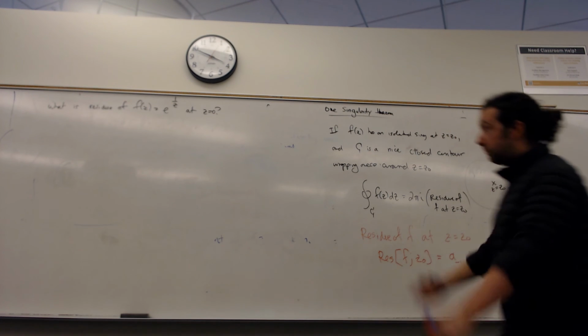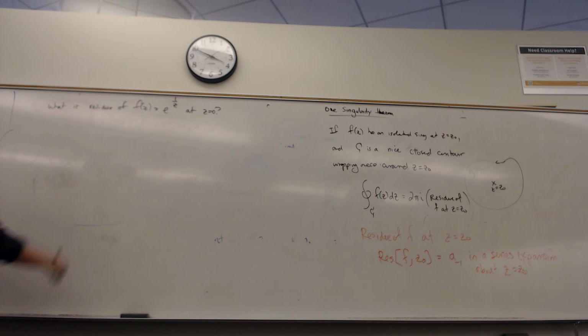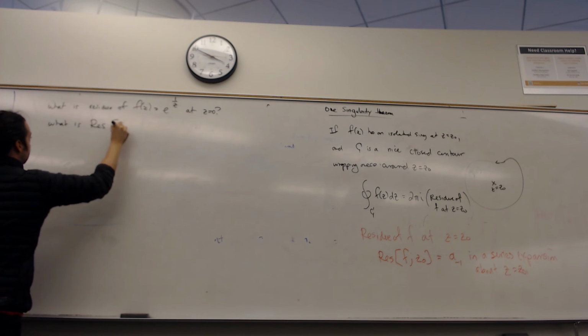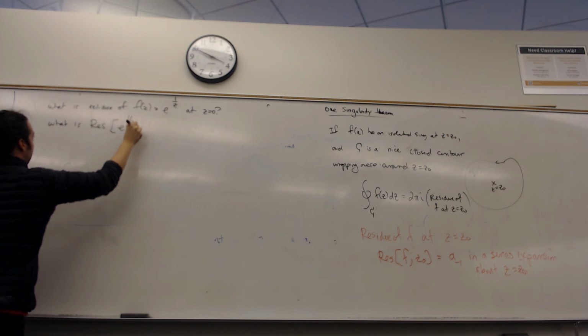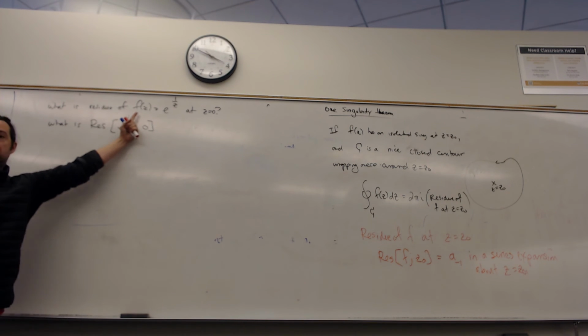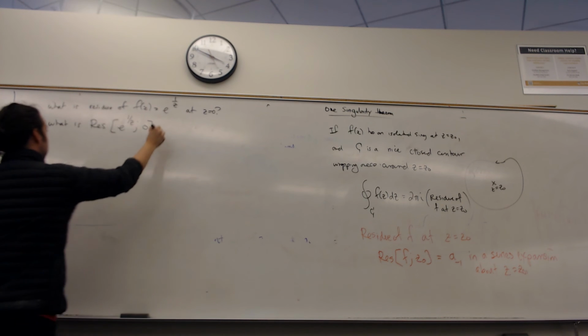But the game that we play is the same game. If I ask you what the residue is, or the same question would be, what is the residue of e to the 1 over z calculated at 0? That symbol and this sentence are the same thing.